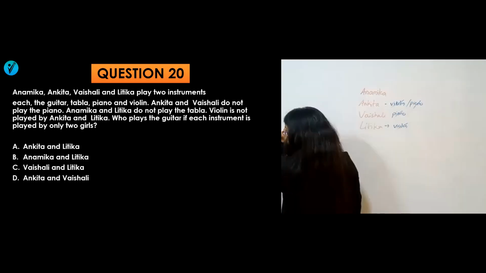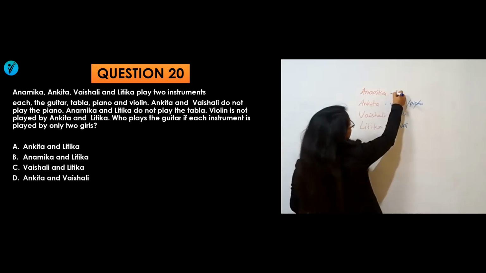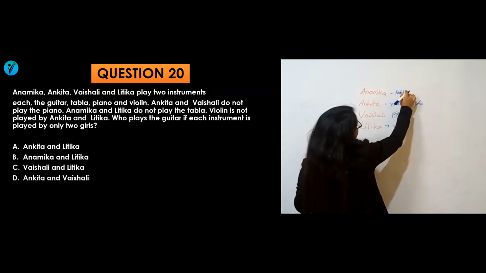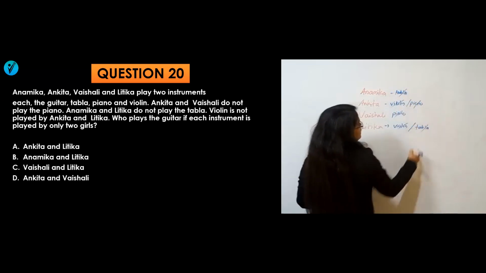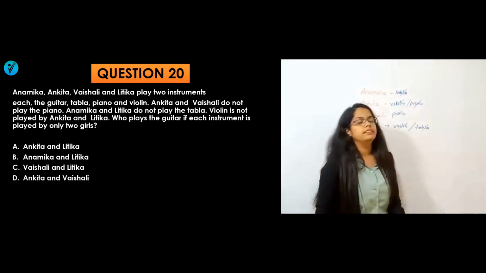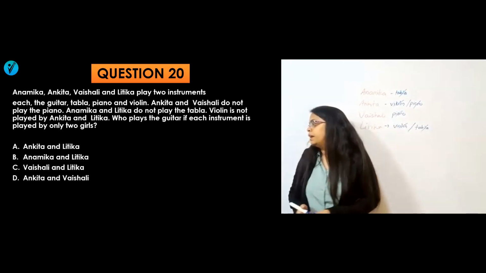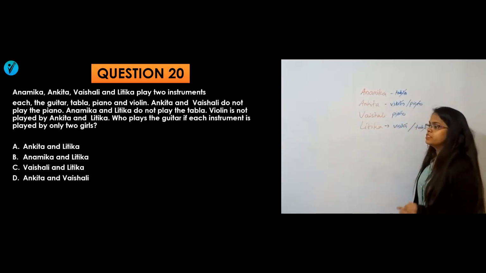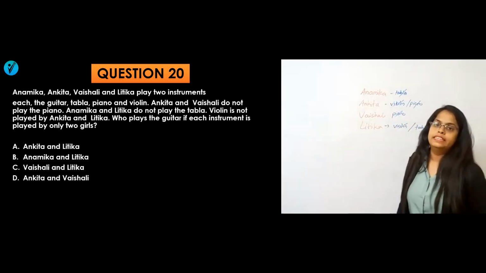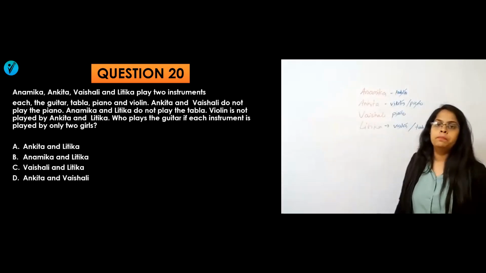Then Anamika and Litika do not play the tabla. And violin is not played by Ankita and Litika. Then they are asking who plays the guitar, if each instrument is played by only 2 girls. Then who will play the guitar?